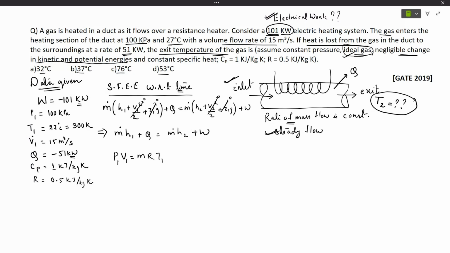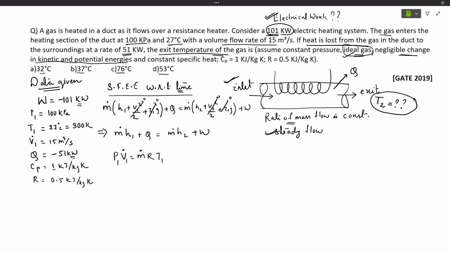Since we consider the rate of mass flow, we use m dot, and on the other side the rate of volume flow, V1 dot. We have the P1 value, V1 dot value, T1, and the R value is also given. After substituting the magnitudes, we get the magnitude of m dot.